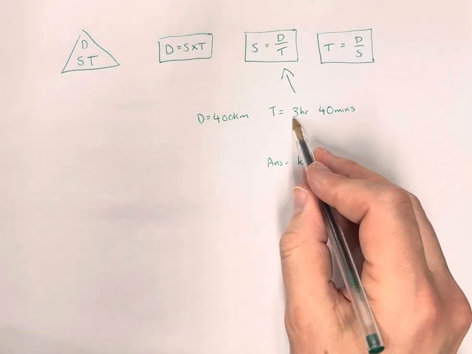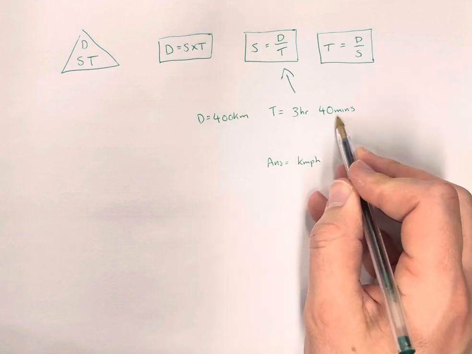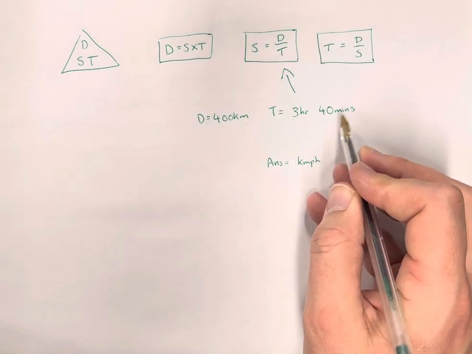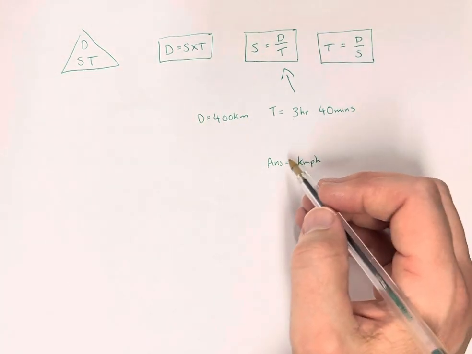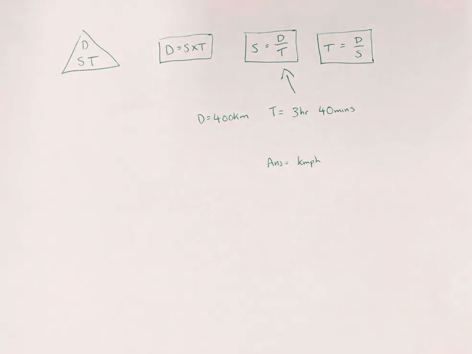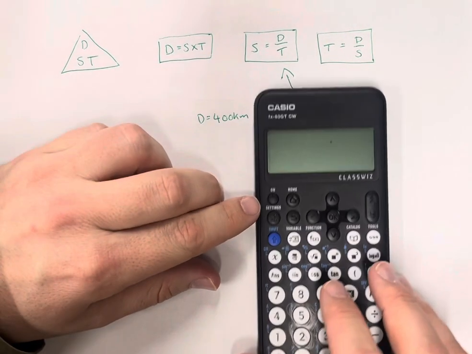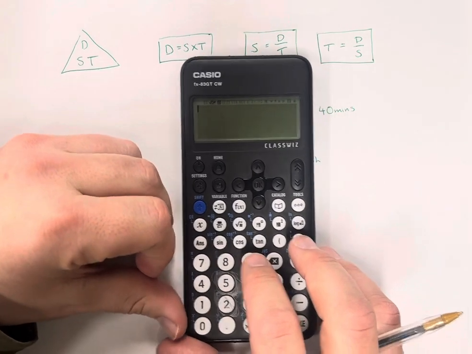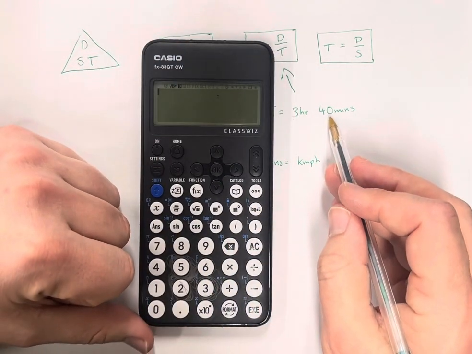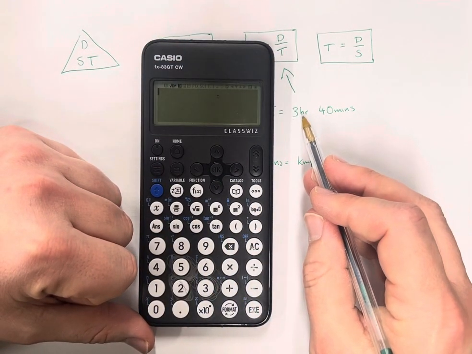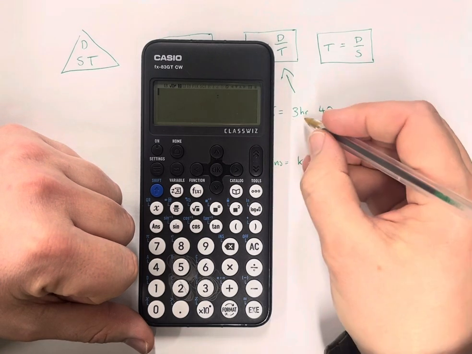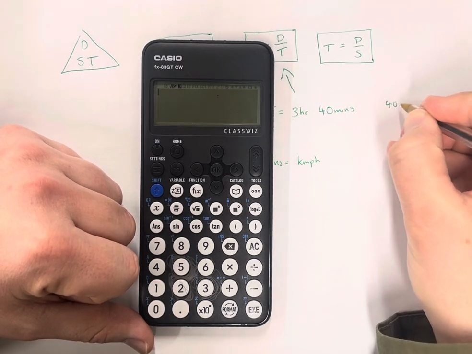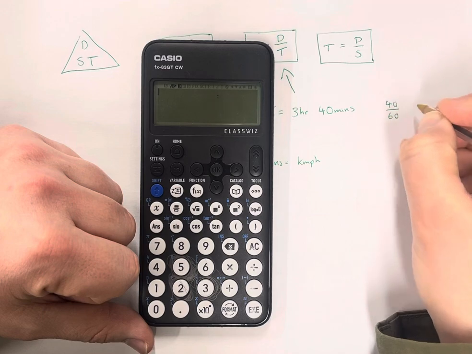Now, we cannot put 3 hours and 40 minutes into a calculator. So what we need to do is change that 40 minutes into hours and then add it on to the 3. So we're going to change the 40 minutes by doing 40 divided by 60.